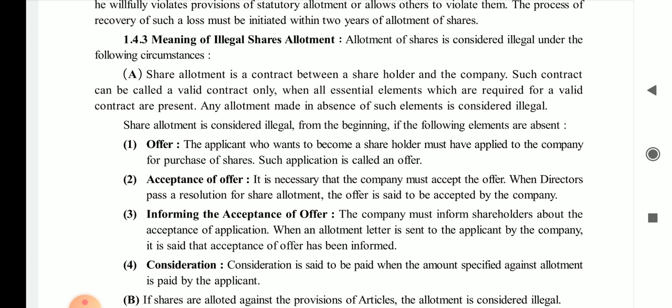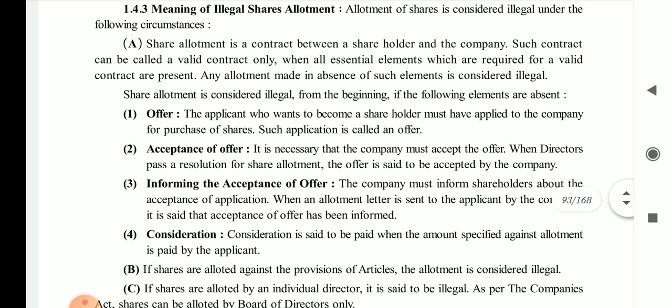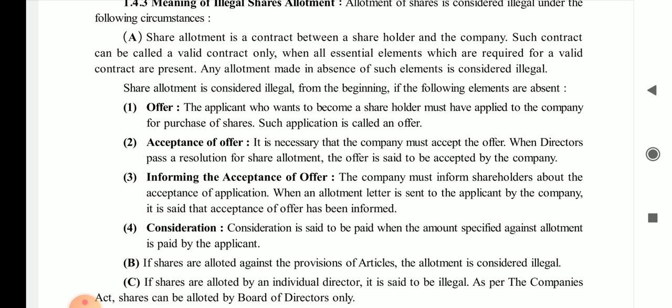Such a contract is valid only when all the essential elements required for a valid contract are present. You must compulsorily apply the whole rules and regulations, and not violate them.